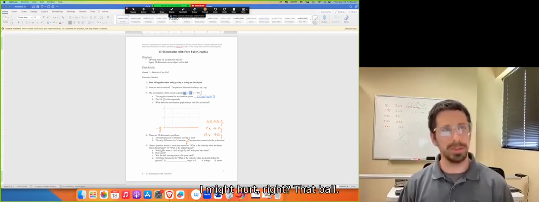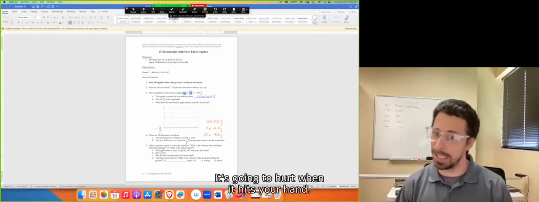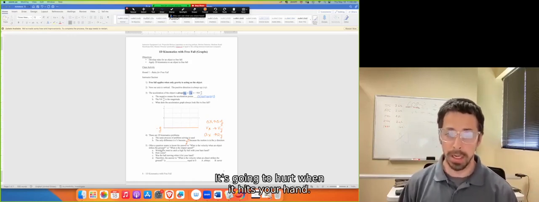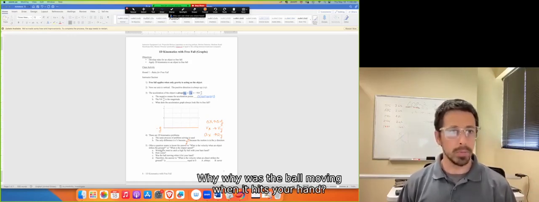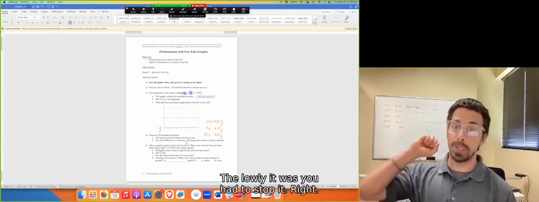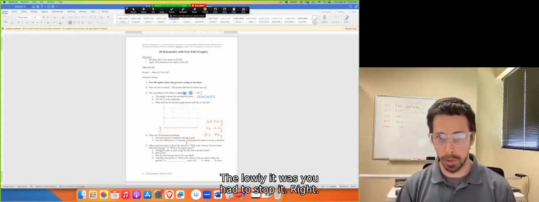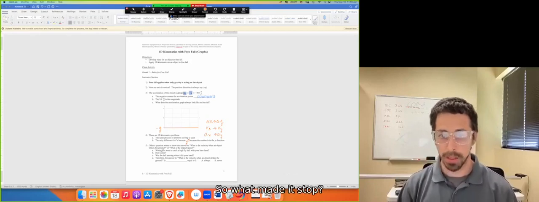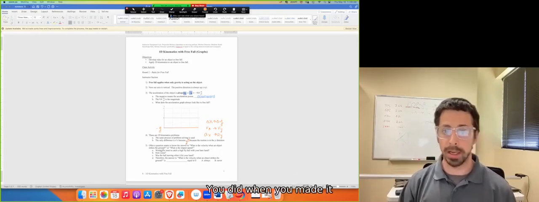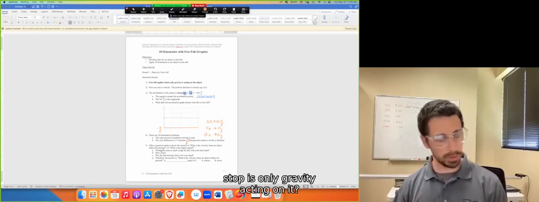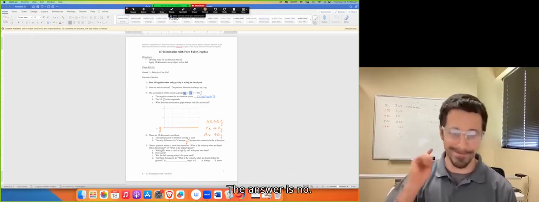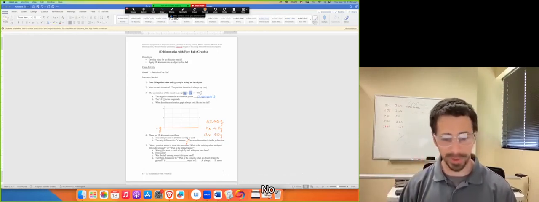That ball, it's way up there. You catch it, it's going to hurt when it hits your hand. Why? Was the ball moving when it hit your hand? Absolutely it was. You had to stop it. So what made it stop? You did. And when you made it stop, is only gravity acting on it? The answer is no.